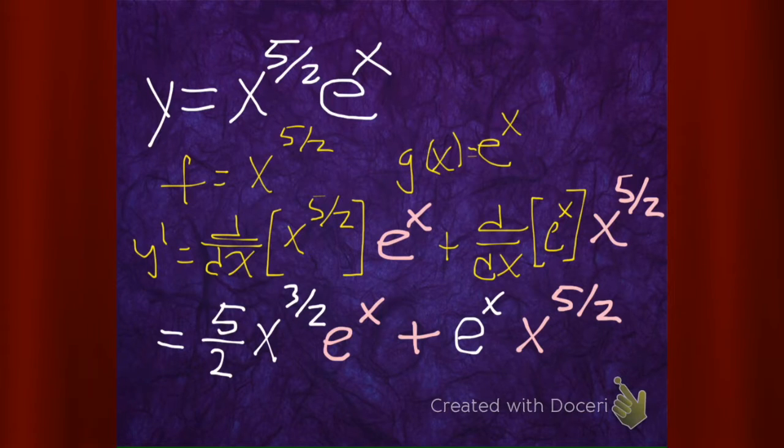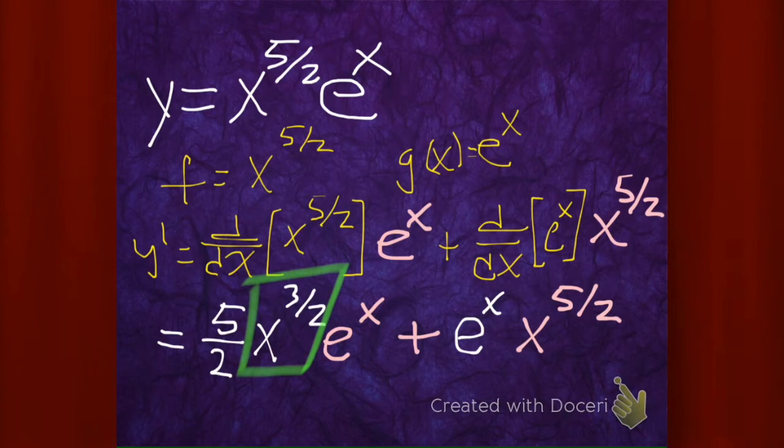Do you want to take the second derivative from there, or do you want to clean it up? I say we clean it up. When we're doing this fancy factoring, we're going to take out the smallest power of x, and we'll take out that e to the x also.